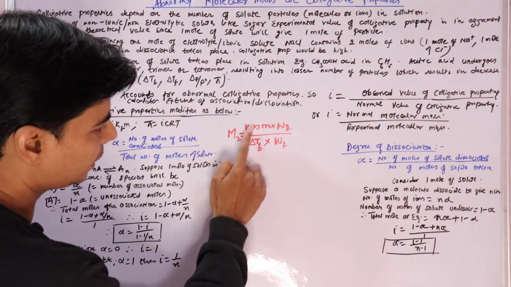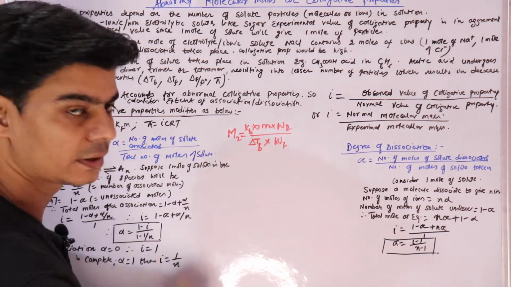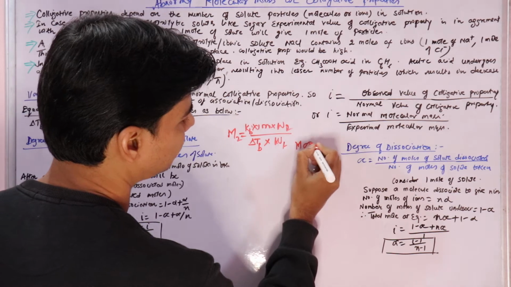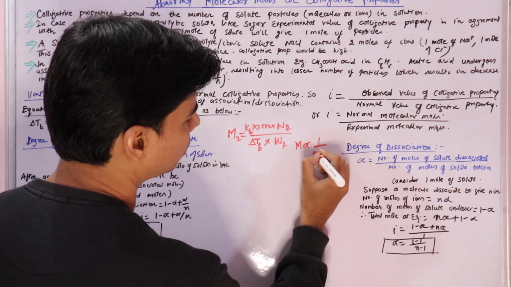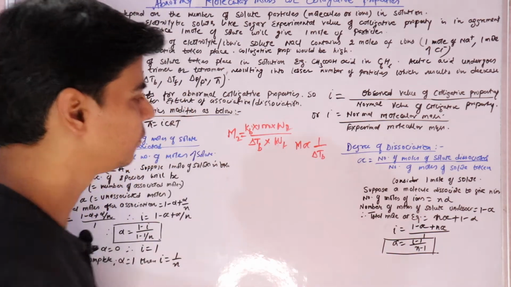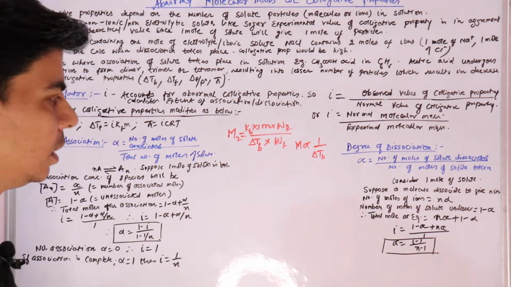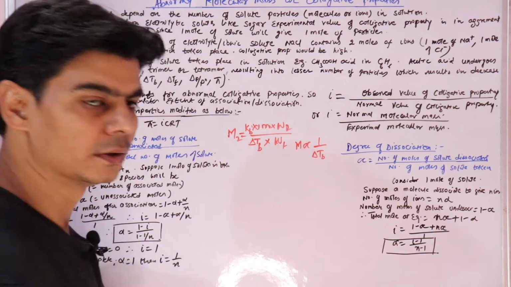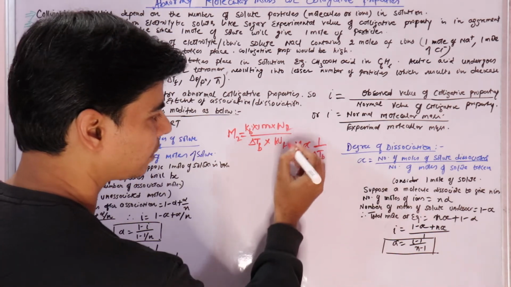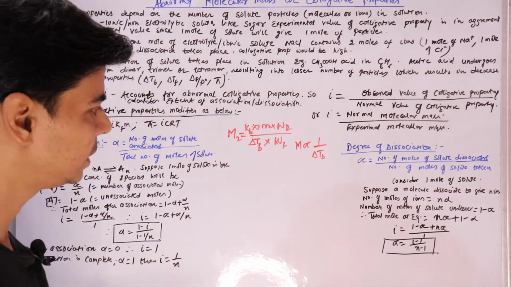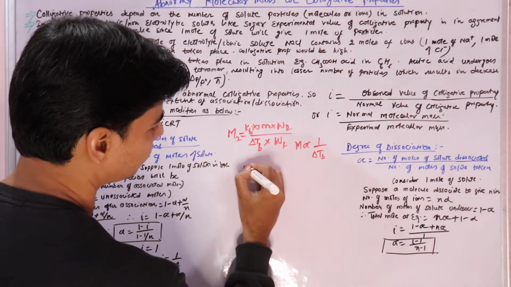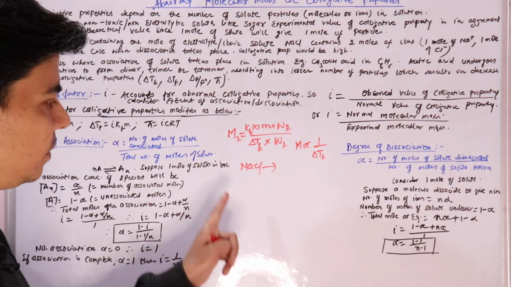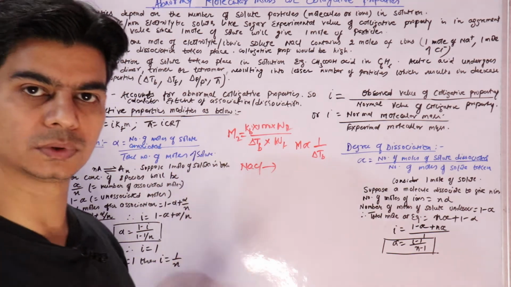If you check this relation, the molecular mass is inversely proportional to delta Tb, which is the colligative property. So in case of dissociation, if the colligative property increases, the molecular mass will decrease. Let's take an example of sodium chloride, an ionic solute.